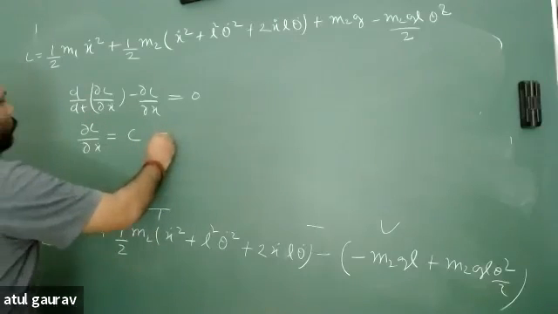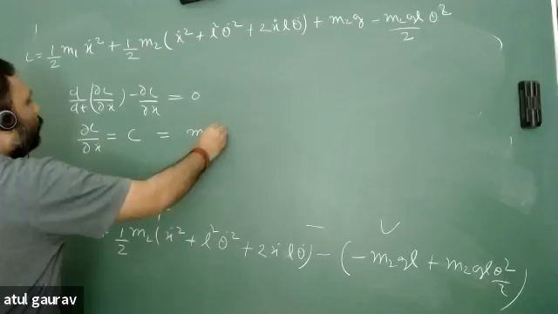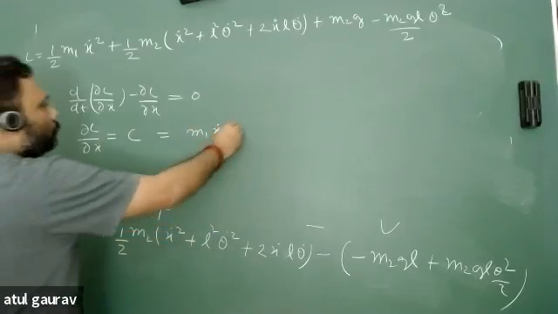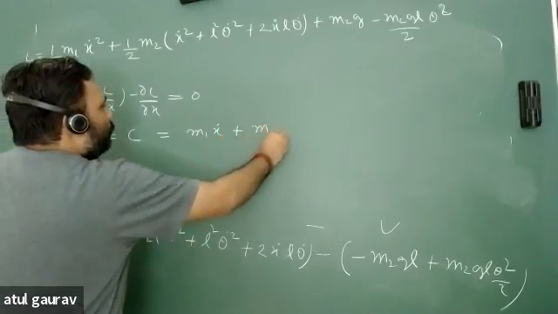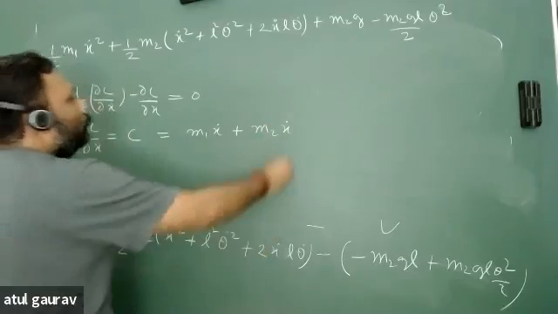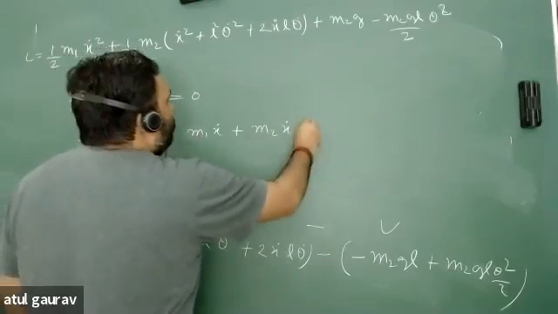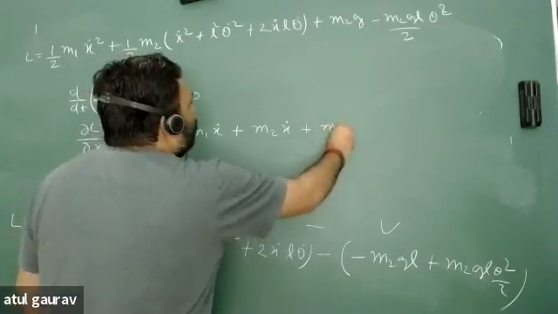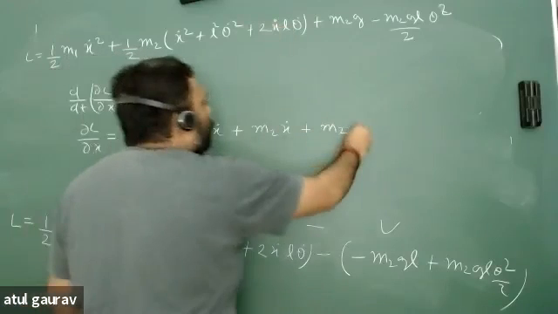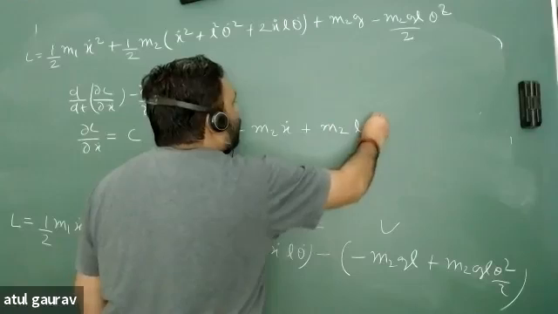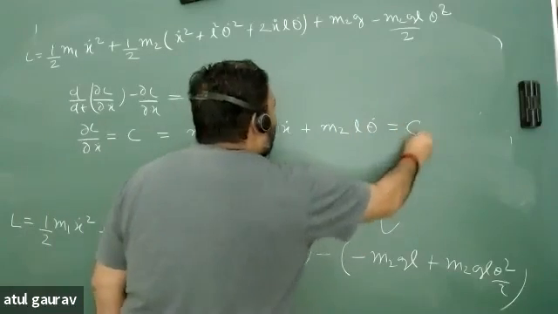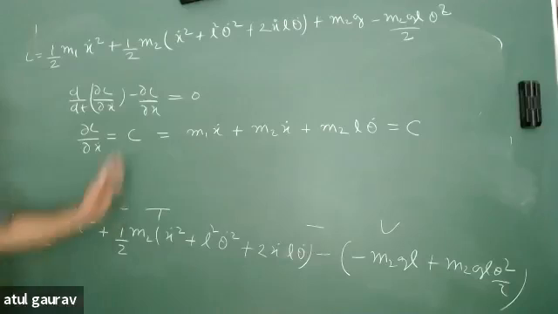This value is M1 x dot plus M2 x dot plus M2 L theta dot must be equal to some constant. So this is one equation, I will use it afterward.